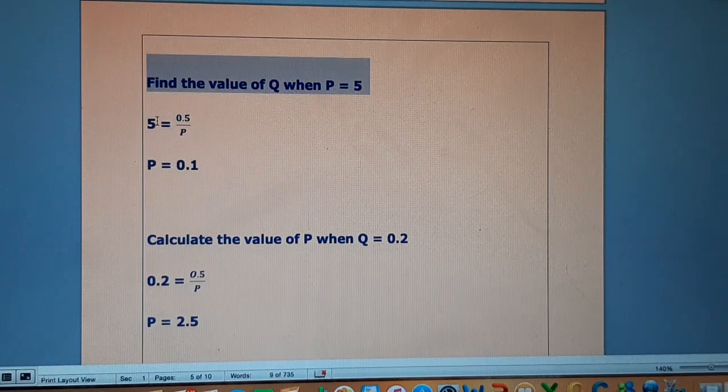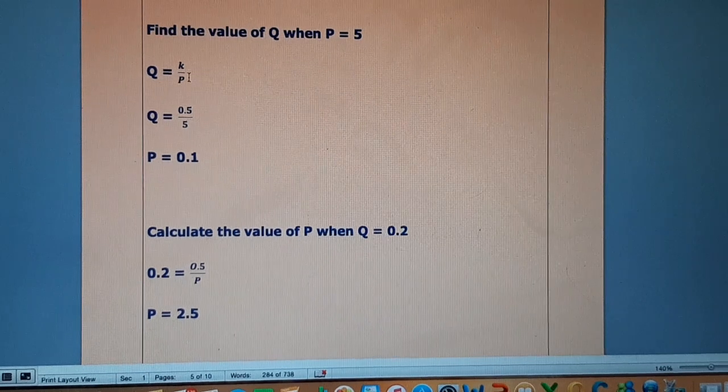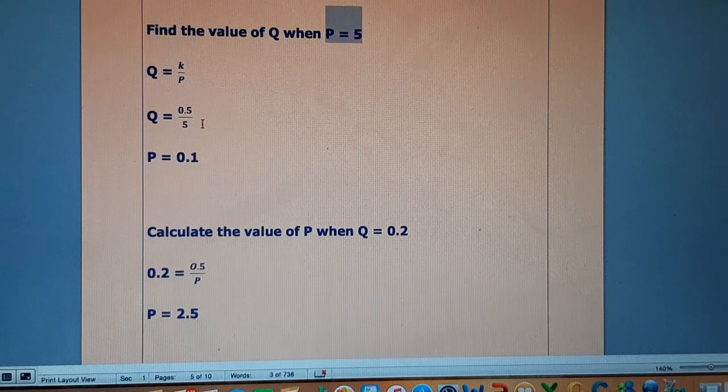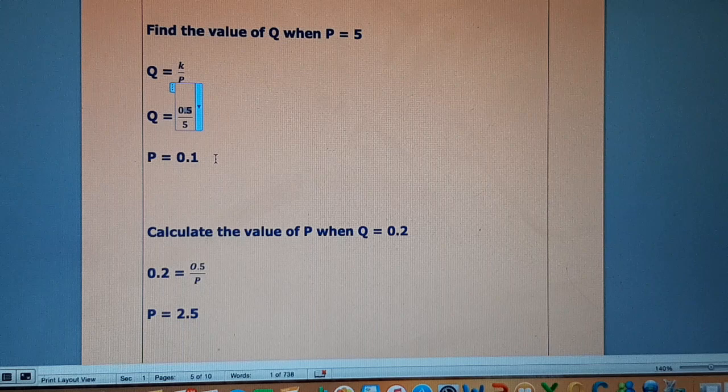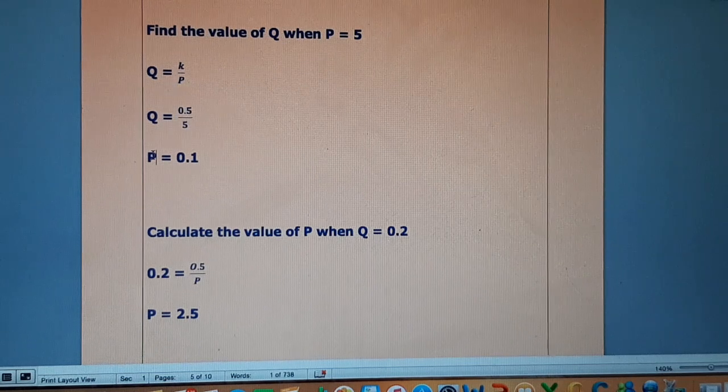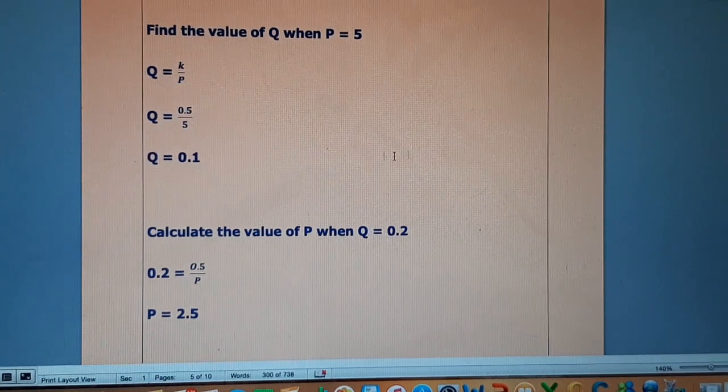So using the equation q is equal to k over p, p is given, p is 5. So in place of p use 5, k is 0.5. So the value for q will be 0.1.